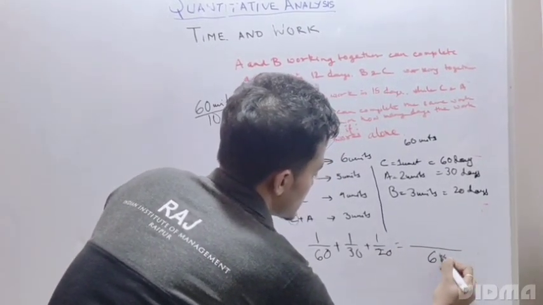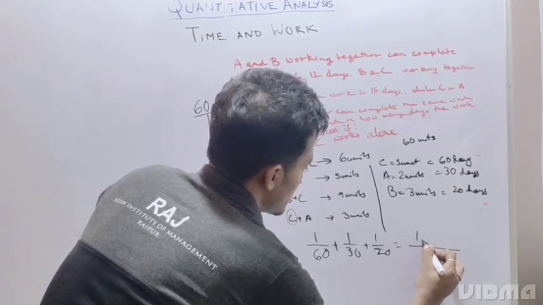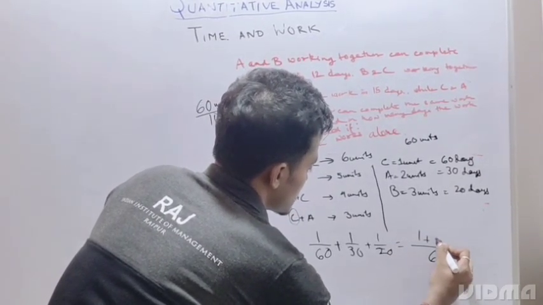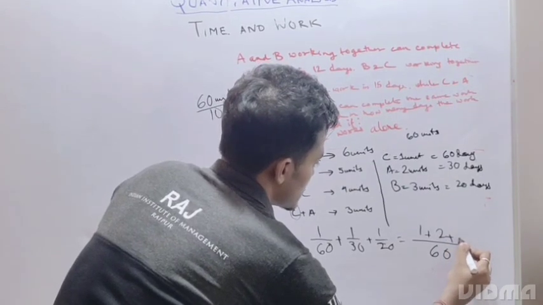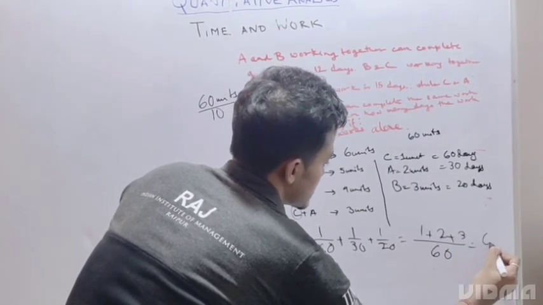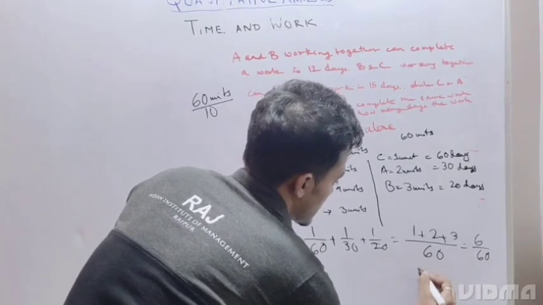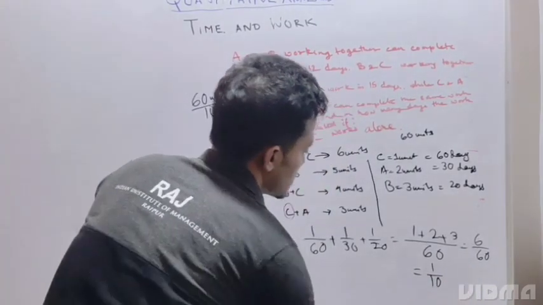So 60 divided by 1 plus 2 plus 3. So that is 6 by 60. That is 1 by 10.